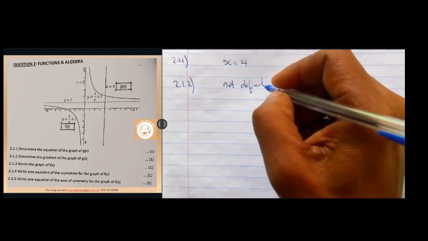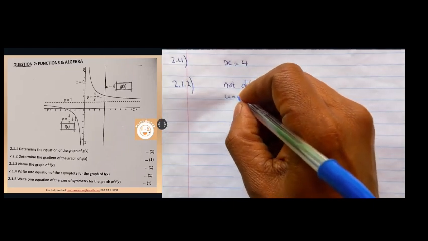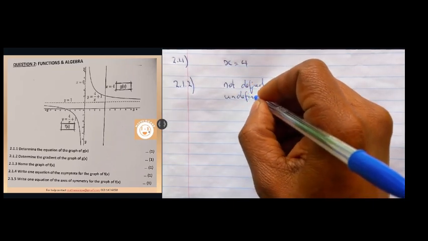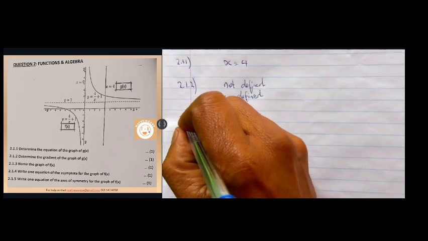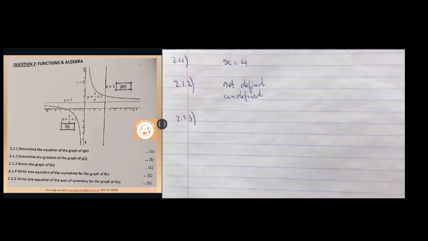Okay. Not defined or undefined. Okay, yeah. Then, okay, let me not make this comment because it's not mathematical. But I'll share it with you so that you don't lose a mark.